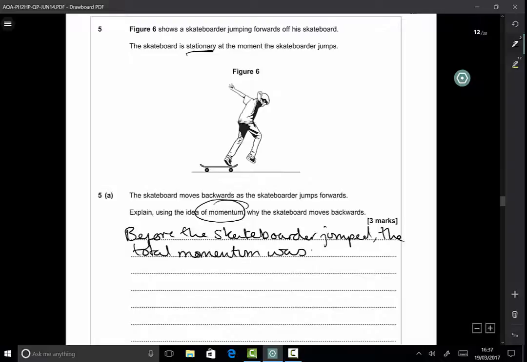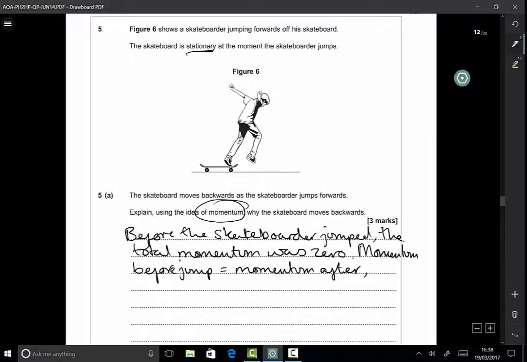As a result of that, because of conservation of momentum, the momentum before has to be equal to the momentum after. Momentum before the jump is equal to momentum after.